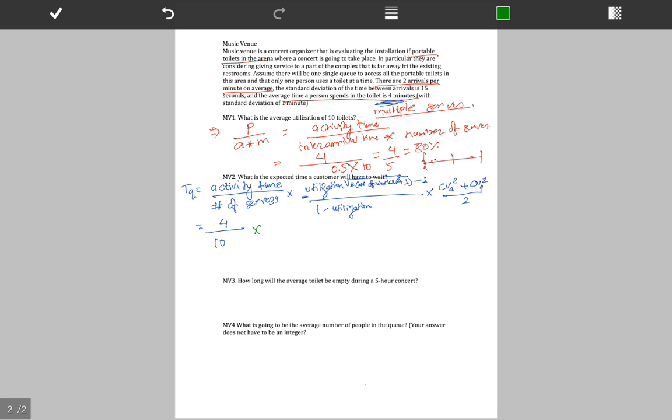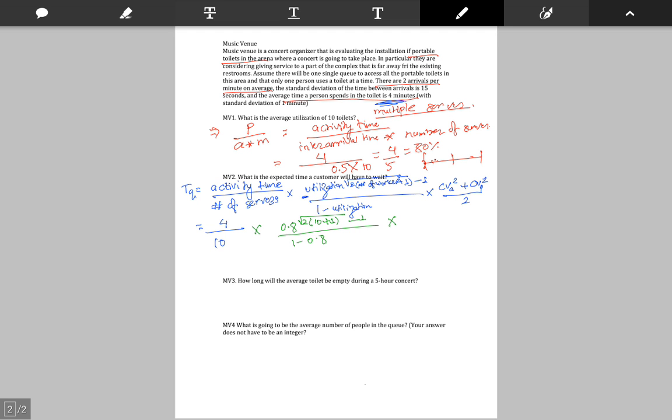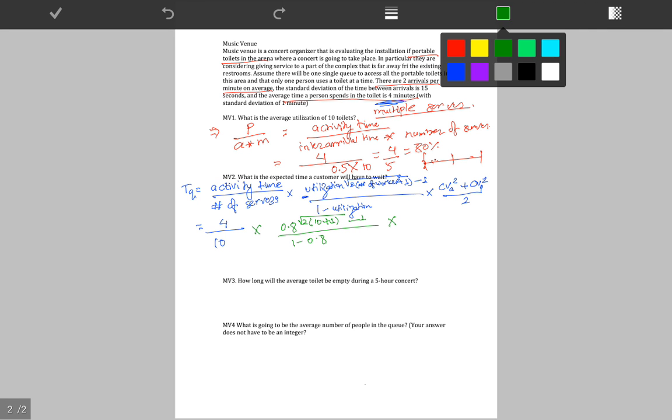Utilization is 0.8, and on the power we have the square root of 2 times (10 plus 1), minus 1, divided by 1 minus 0.8, multiplied by the last part.